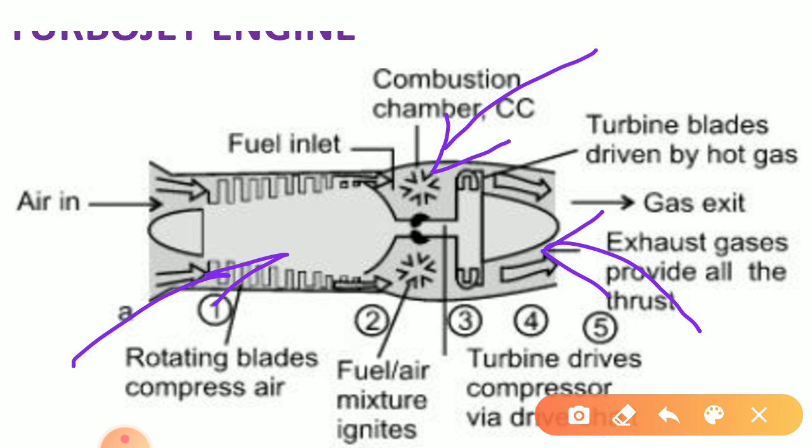It is present before the compressor, provided at the entrance of the engine, and its function is to reduce the velocity of incoming air and increase the pressure of the air before entering the compressor. Simply, the function of the diffuser is to convert the kinetic energy of the incoming air into pressure energy.